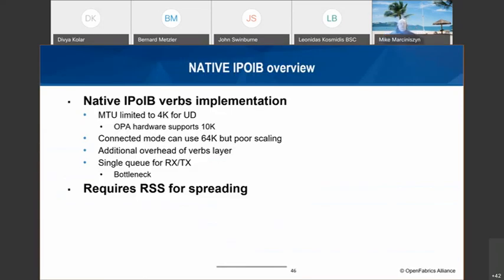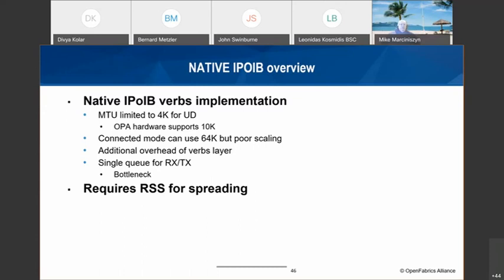Basically, we were living with the old native IP over IB verbs implementation. Probably that's inherited from InfiniBand. The MTU was limited to 4K for UD, and our OPA hardware actually supports 10K. We do have a connected mode which can tunnel packets through 64K RC QPs, but it's got poor scaling characteristics.